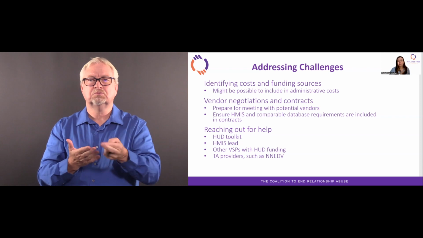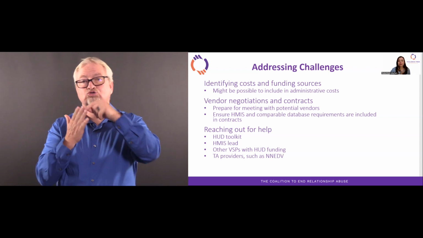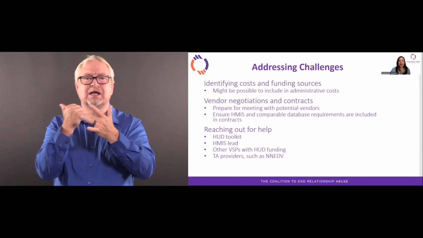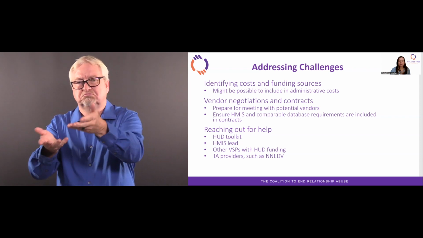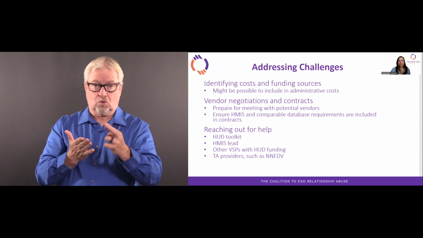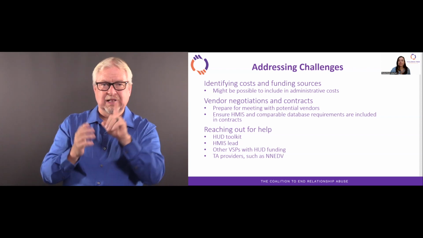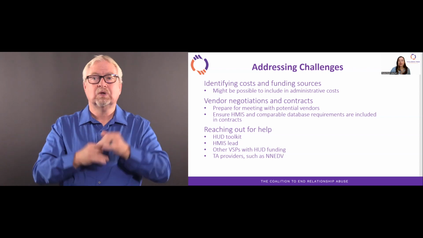There are several resources such as toolkits, checklists, and guides from HUD and technical assistance providers that can help. The resource pages connected to this session will provide links to these resources.